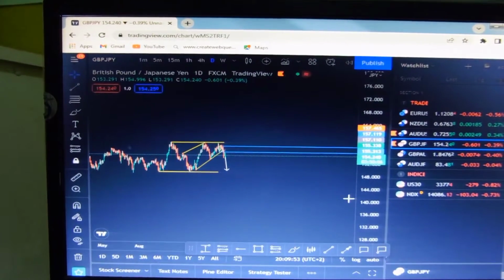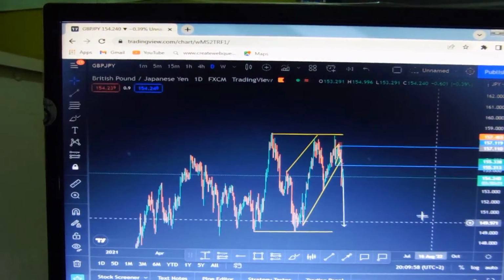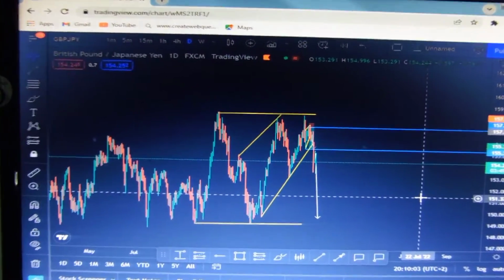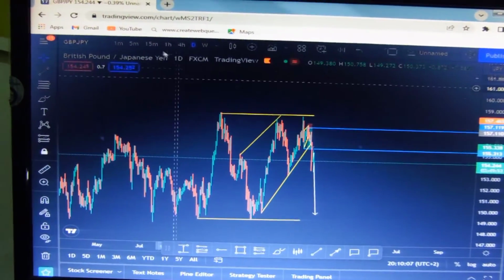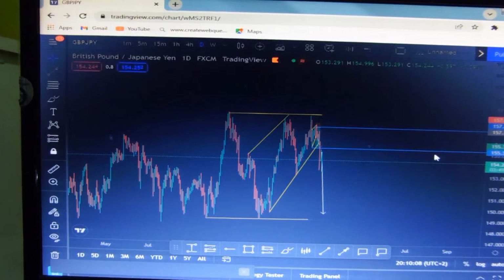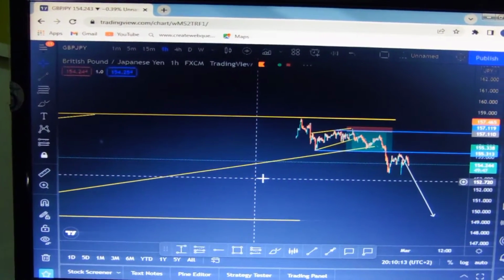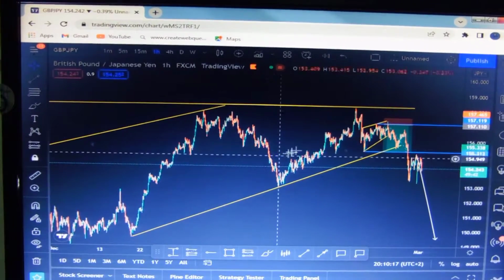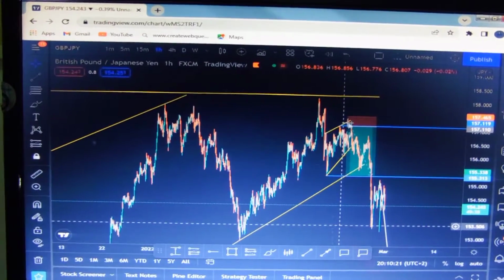On the higher time frame, this is what we looked at on JPY. We can see that we're looking for the sells over there. This is on the daily time frame. Let's move on to the 1 hour time frame and not waste any further time. You can see that this huge structure here is just one huge corrective move to the upside.